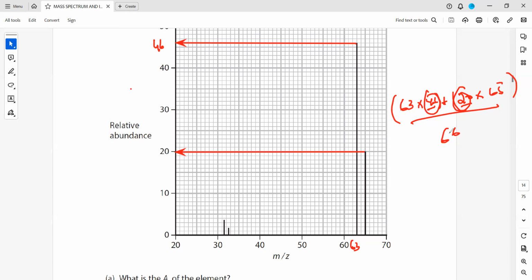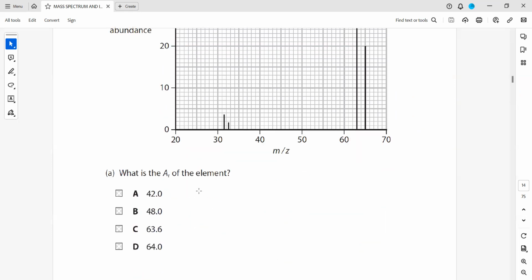When you take an average, it's divided by the total abundance, the total sum of the percentage abundance of each isotope. When you simplify, what's the final answer? 63.6. We check which option it matches, and it matches option C.